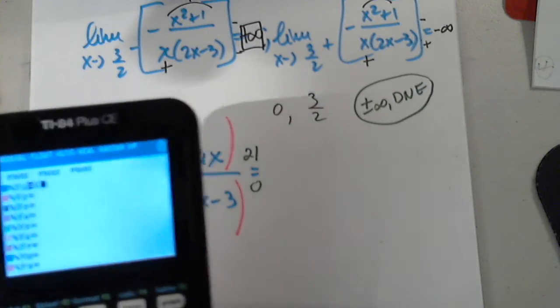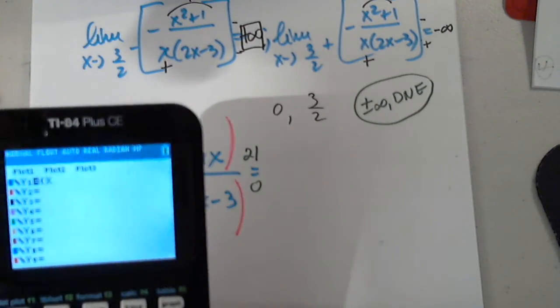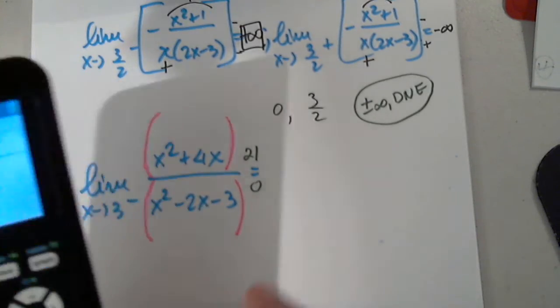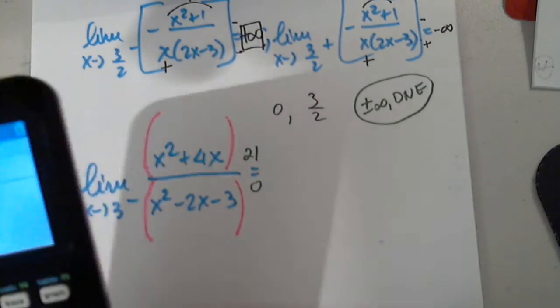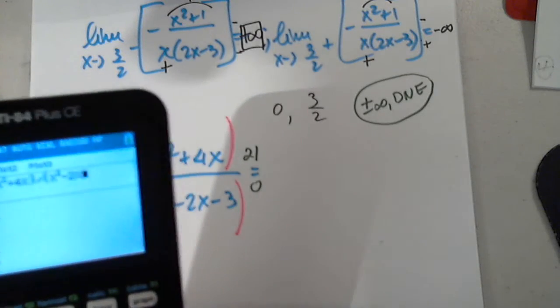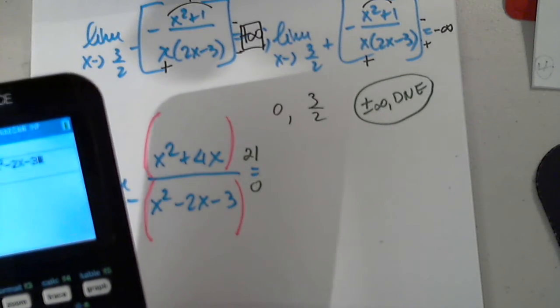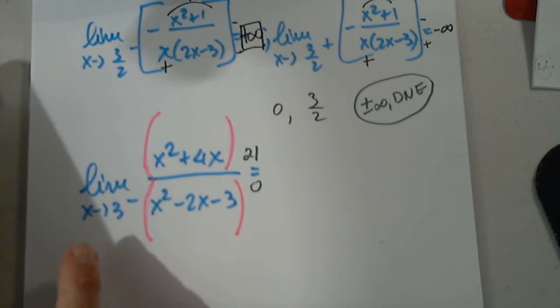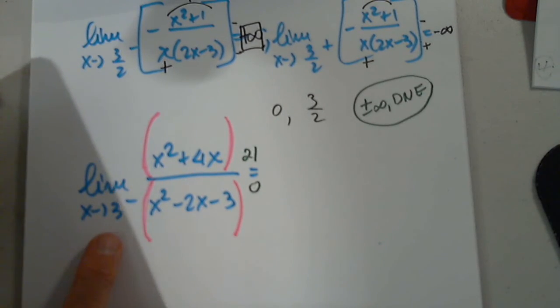So put in the left parenthesis for x squared plus 4x, close the parenthesis and divide in parentheses by x squared minus 2x minus 3, close the parenthesis.